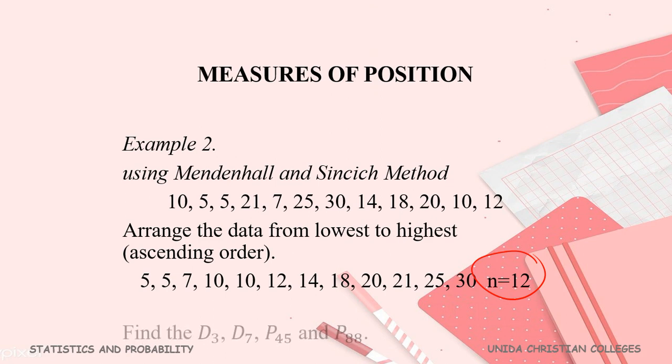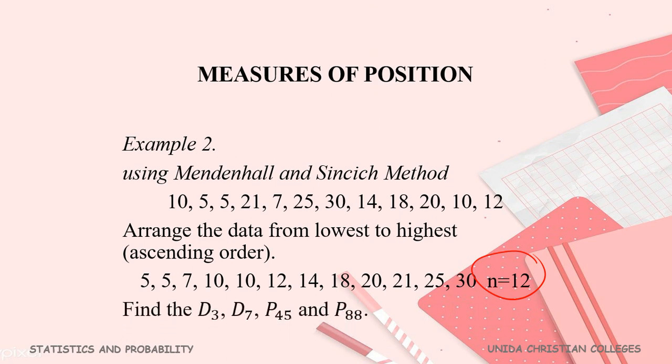Okay po? So, we are solving for the third decile, 7th decile, 45th percentile, and 88th percentile. And remember po, if you are using the Mendenhall and Sinsich method, all you have to do for the position is to round off. Okay po?